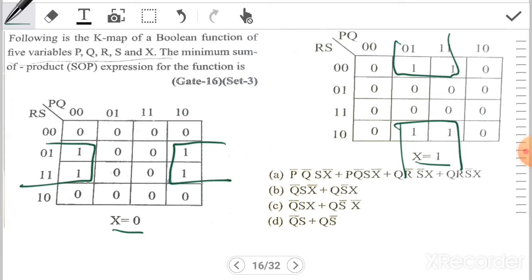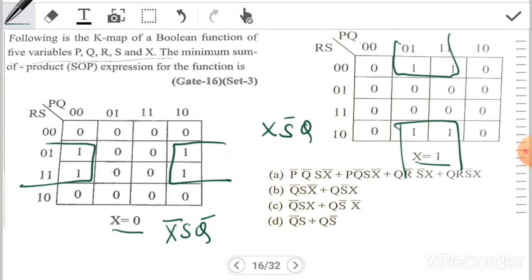So this will give S Q complement, and this will give S complement and Q. So here x is 1, so take this as x, and since x is logic 0, so x complement.